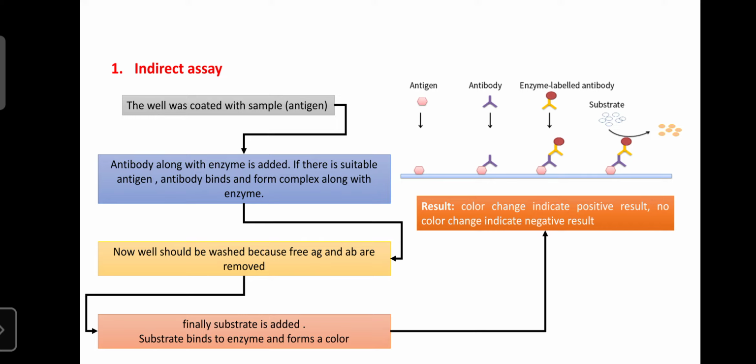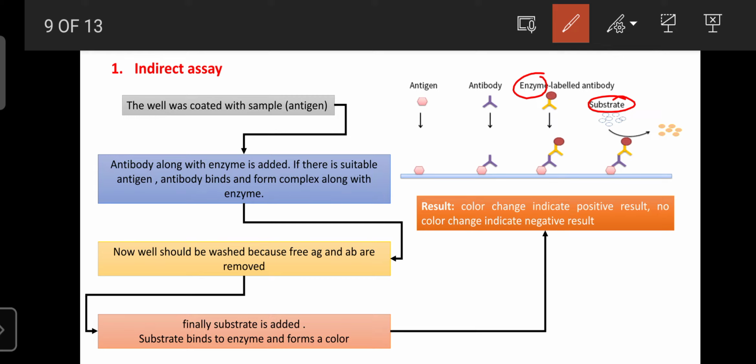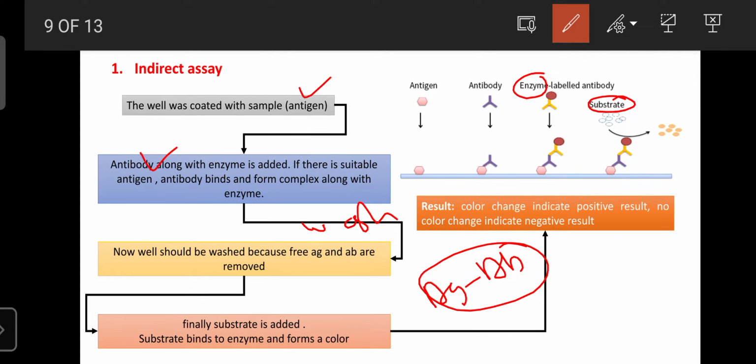Whatever enzyme is attached to the antibody is the only one that remains in our sample, because after adding the enzyme-containing antibody we subject it to washing. If the patient serum does not contain antigen, no antigen-antibody complex forms, and the wash removes whatever antibodies we added that could not complex with antigen.